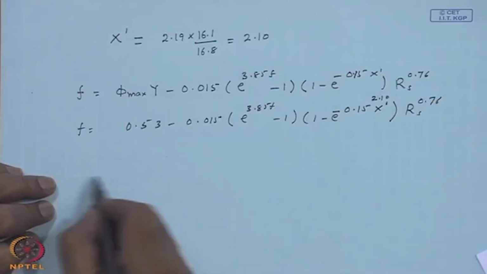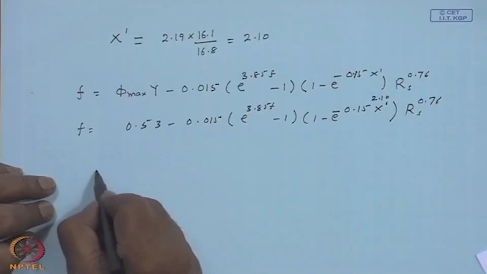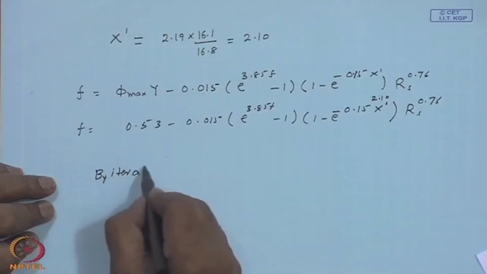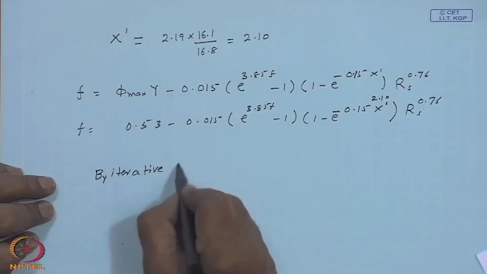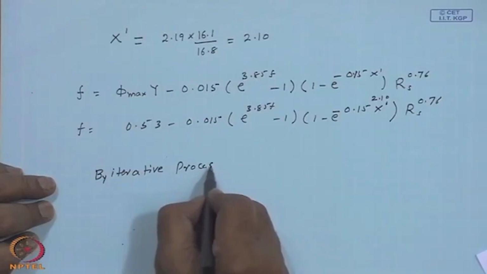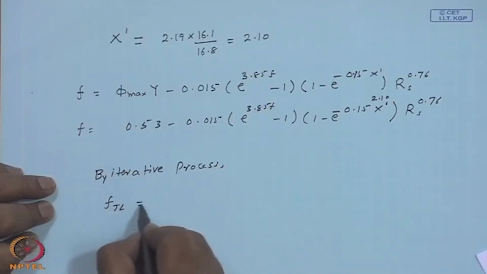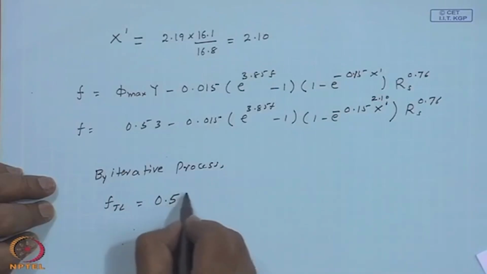So, I set up myself the same table. Now, I will come out by iterative process. F T L equal to 0.51.